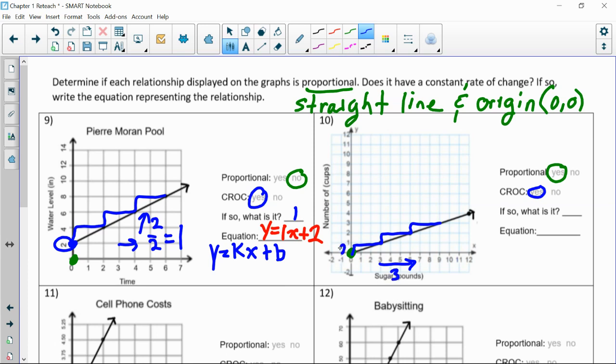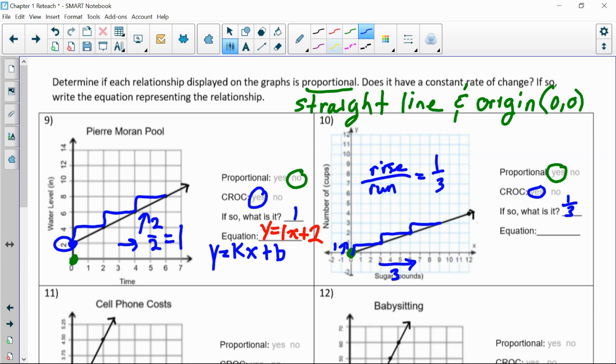And I only went from 0 to 1. So that means that my slope, my rise over run, was 1/3. So that is how we are constantly changing our graph. So 1/3 is my constant rate of change.